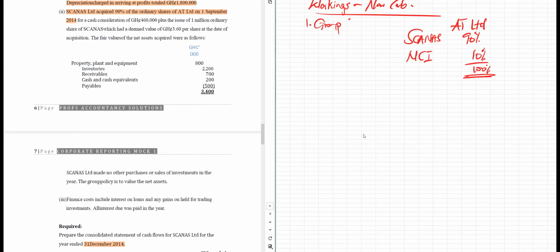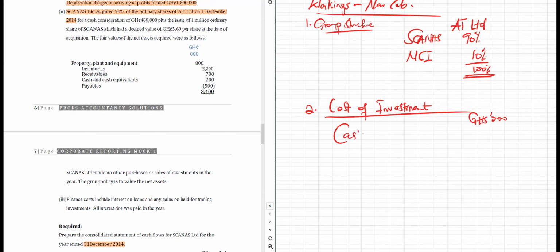So this was our working one, group structure. My working will still not change. Then my working two, what do I have? Cost of investment. First, the cash consideration is 460.